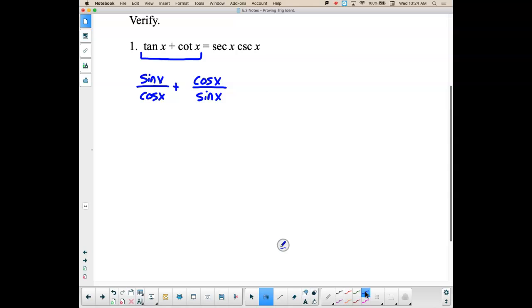Common denominator. What's my common denominator? Cosine of x, sine of x is my common denominator.